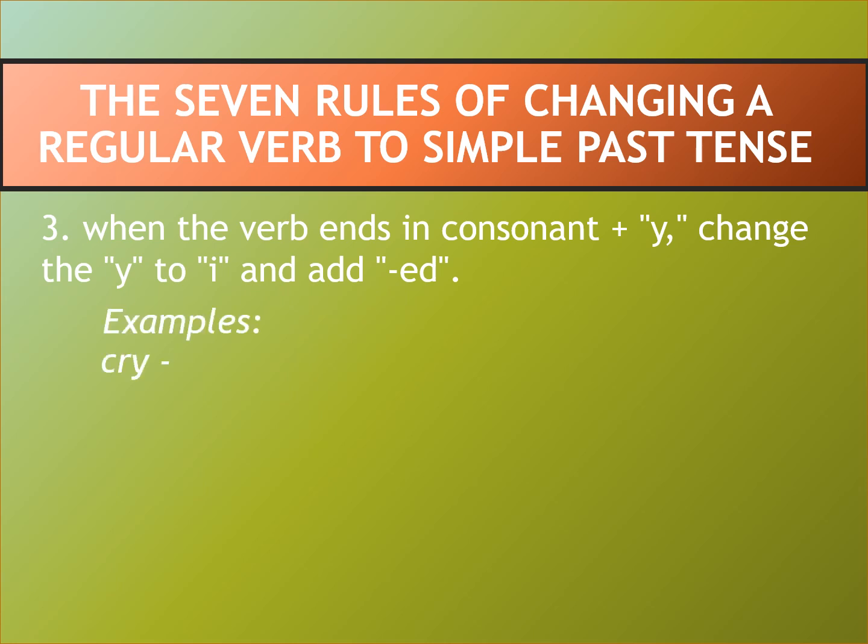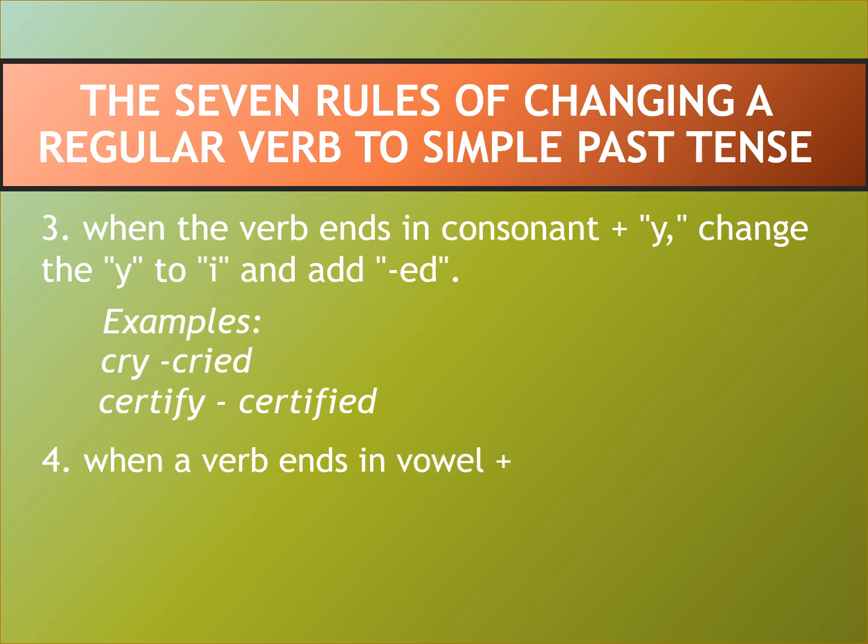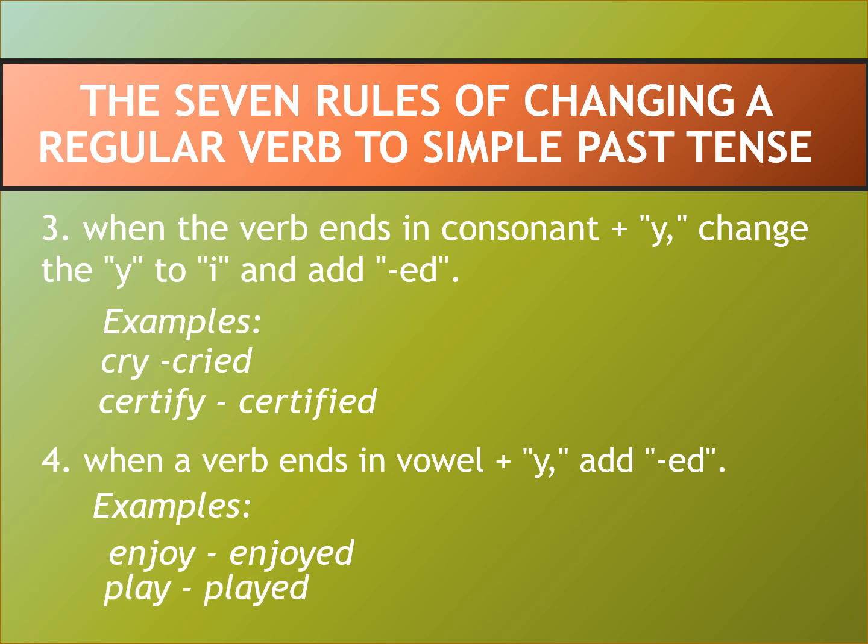Examples: cry becomes cried in its past tense. Certify, certified. So number 4, when a verb ends in vowel plus Y, add ed. Examples: enjoy, enjoyed. Play, played.